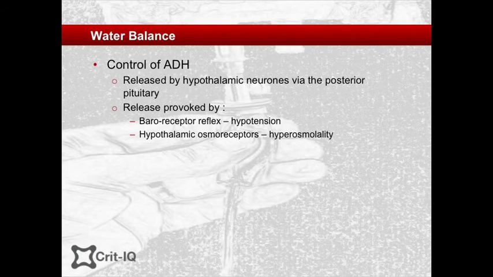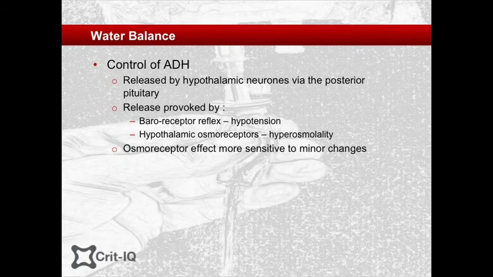Osmoreceptors detect a change in the osmolality of the extracellular fluid in the hypothalamus. A rise in the osmolality stimulates ADH secretion, resulting in the retention of water from the kidney, thereby reducing body osmolality. Conversely, a drop in the osmolality inhibits ADH secretion, allowing the clearance of free water by the kidneys.